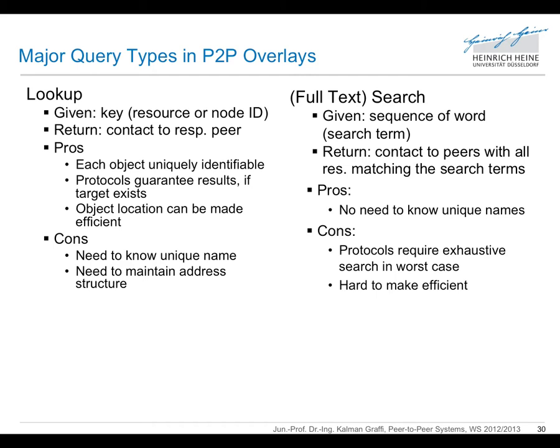Drawbacks: you have to know your unique name. So when you're looking for Alice, you have to know Alice's user ID. That's also something that we faced in the peer-to-peer based social network. So you have somehow to organize your data of the people whom you are looking for, or whom you know.